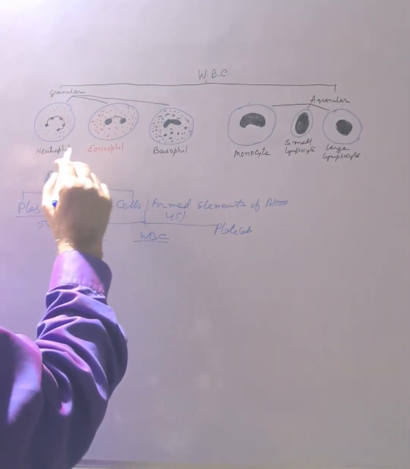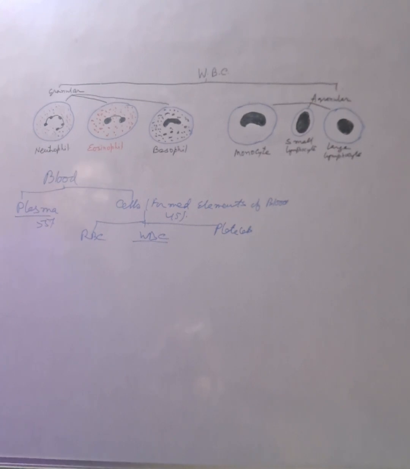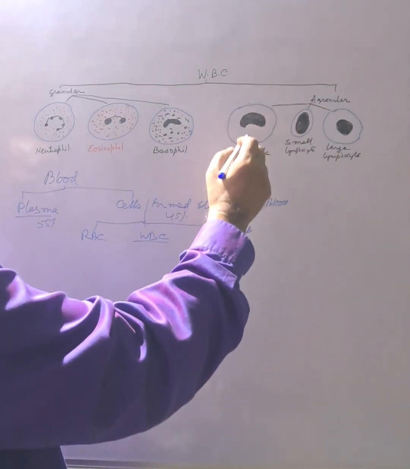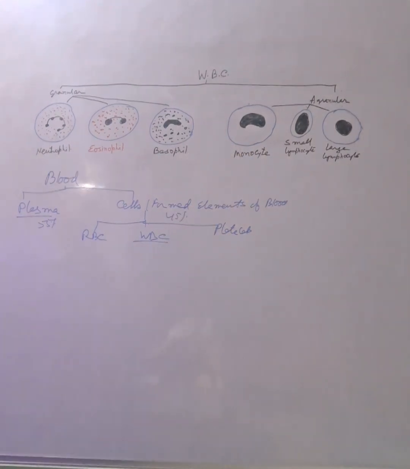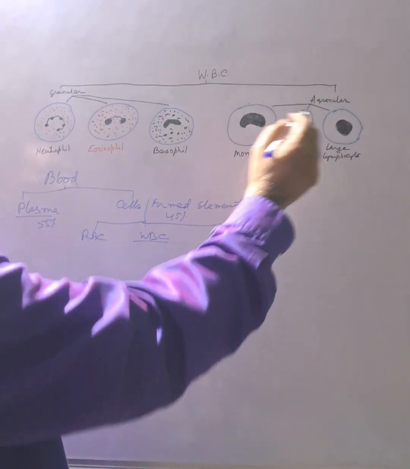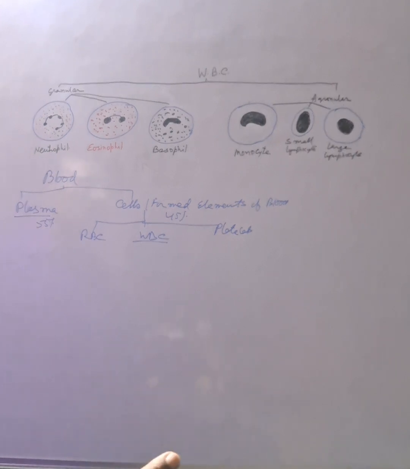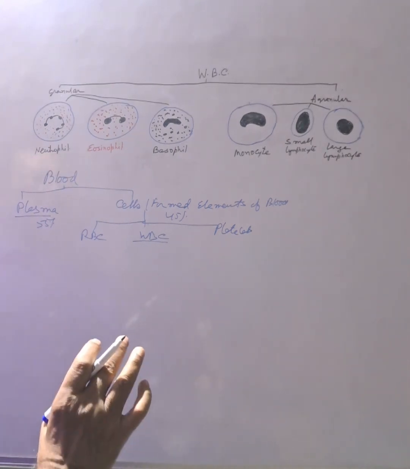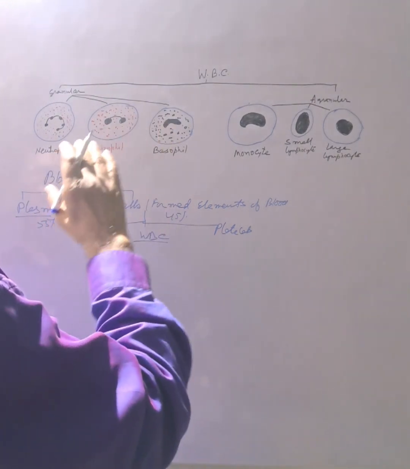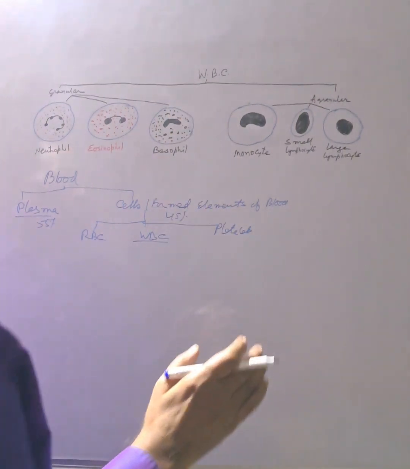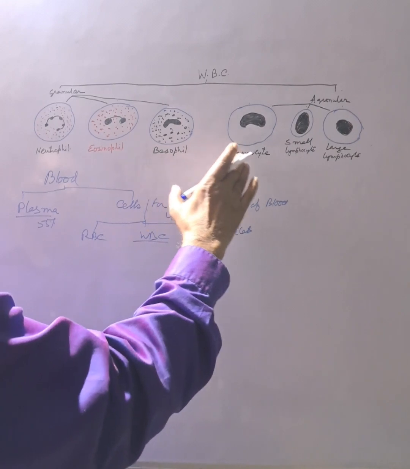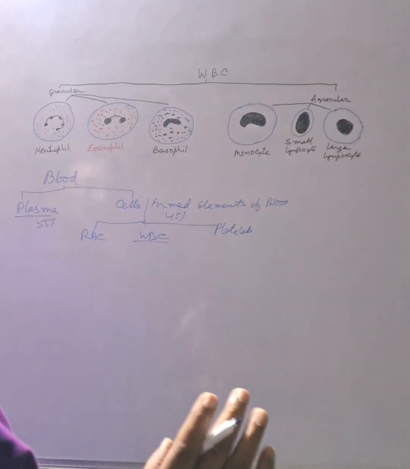There are three types: neutrophils, eosinophils, and basophils. Agranular cells have no granules in the cytoplasm: monocyte and lymphocyte. Lymphocyte is of two types, small lymphocyte and large lymphocyte. So WBC is of five types: neutrophil, eosinophil, basophil, monocyte and lymphocyte.